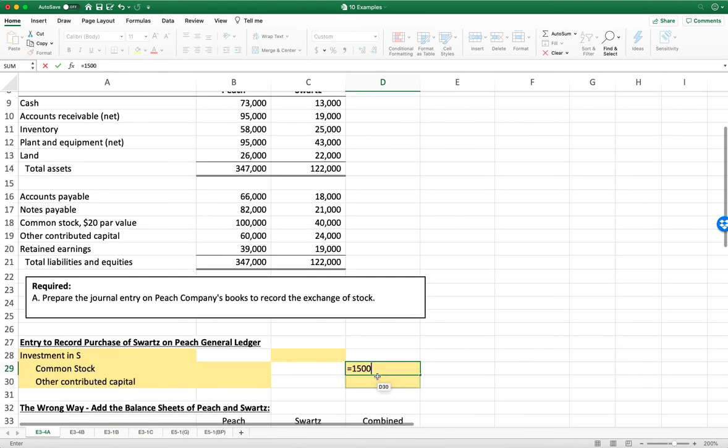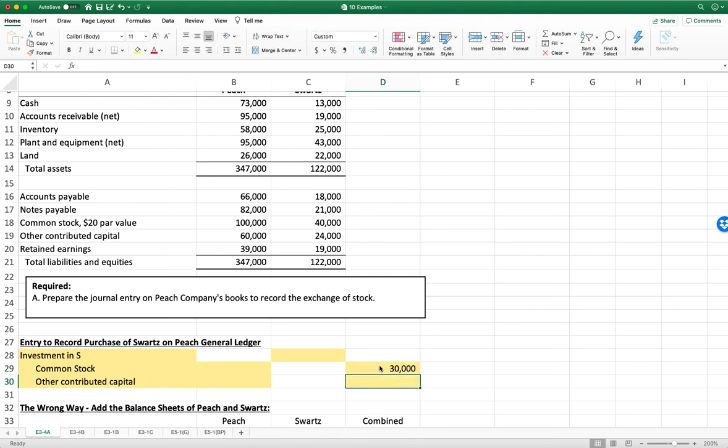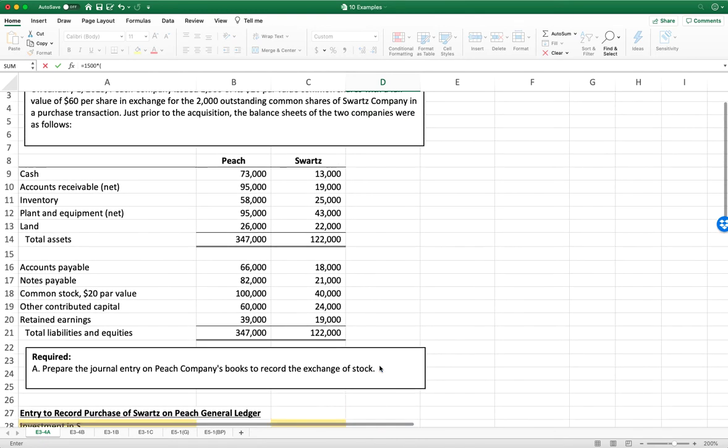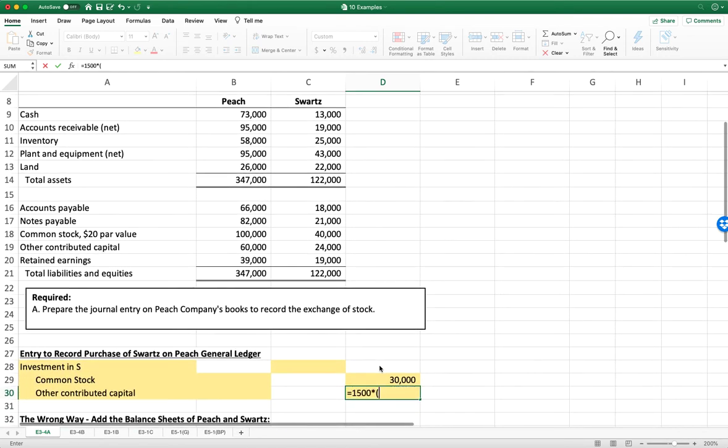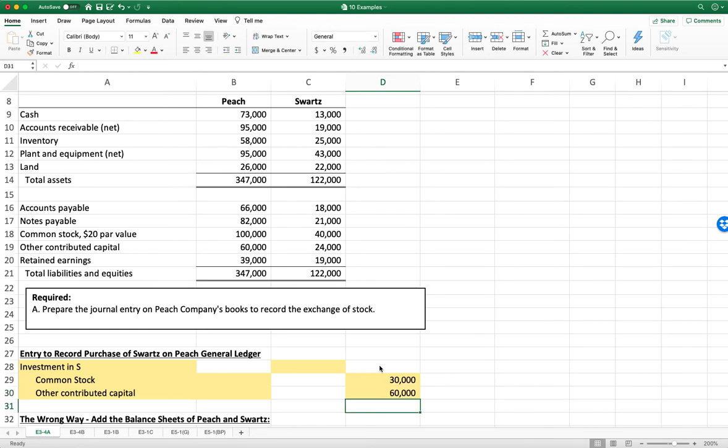So we're going to multiply that amount by $20, and that's what will go in our common stock account. Then for our other contributed capital, we're going to take that same 1,500 and multiply it by the difference between the fair value, which they told us was $60 per share, and our par value, which is the $20 per share we already recorded in the common stock account. So that gives us a $60,000 credit to other contributed capital.